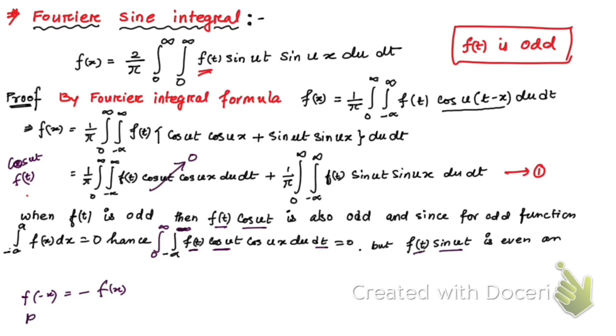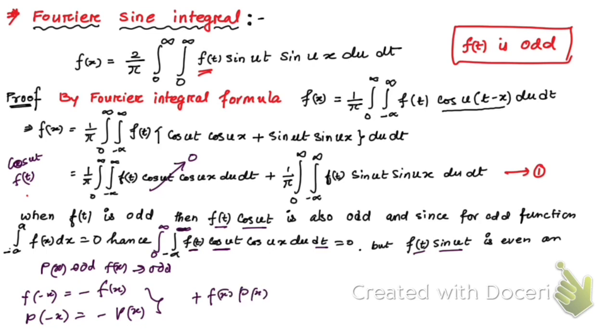When you have another function p of x that is also odd, then f of minus x is minus f of x, p of minus x is minus p of x, and if you take their product, that's going to be positive f of x p of x. So that means the product of f of x and p of x is even, right?